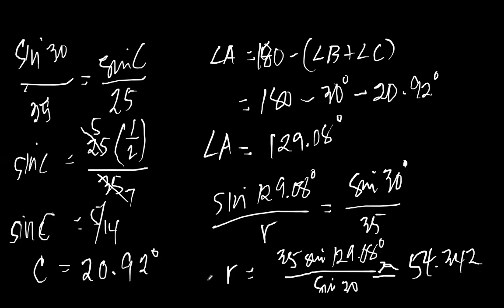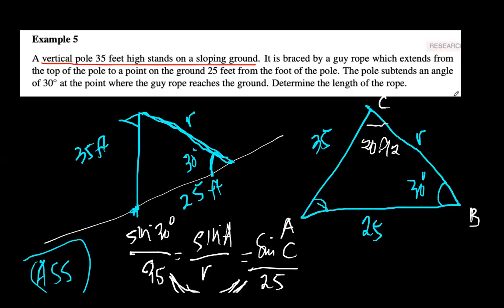Okay, 54.34. Nag-make sense ba, guys, yung value nito? Yes, because this angle is the largest or the biggest angle. Therefore, the opposite side of this angle should be the longest. Tama naman siya, di ba?